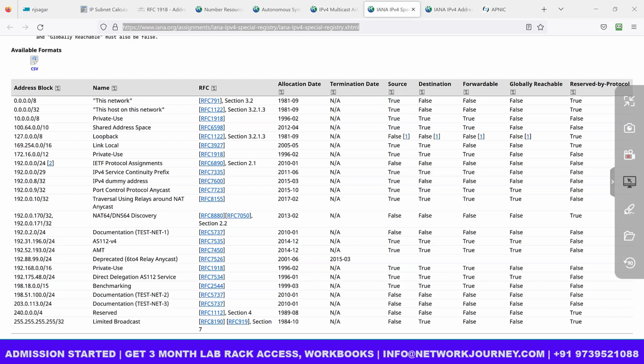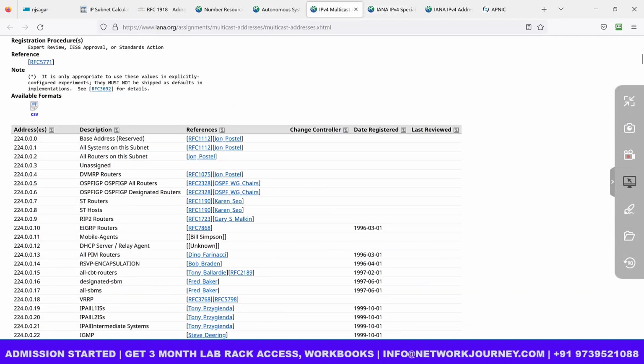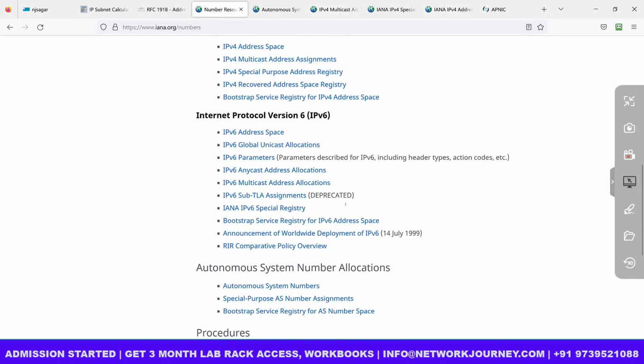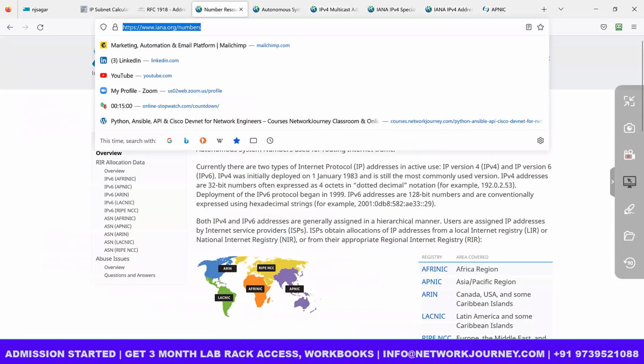These are special ranges. They will fall under classes, no doubt, but you should not use them. That you need to remember. And these are multicast addresses, class D. And I would say go and read a bit of the history here in the CCNA.